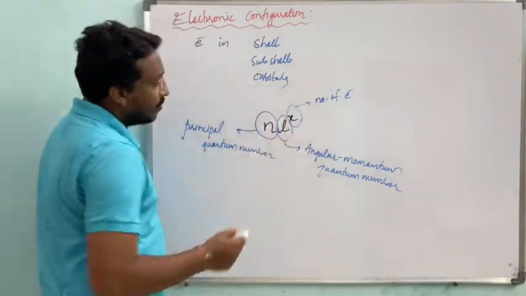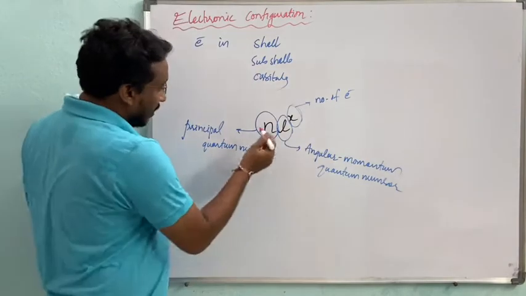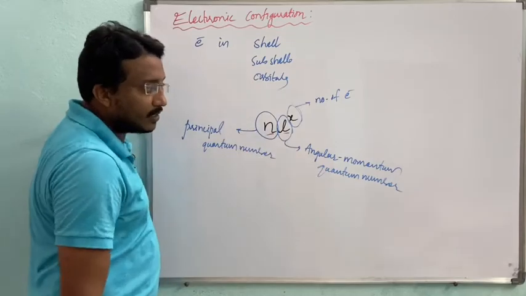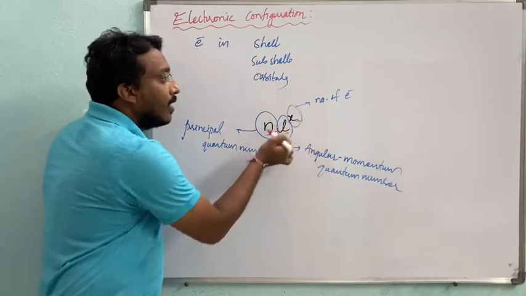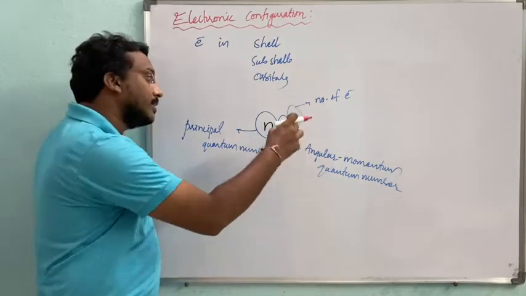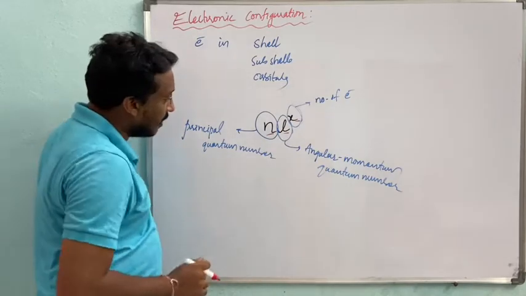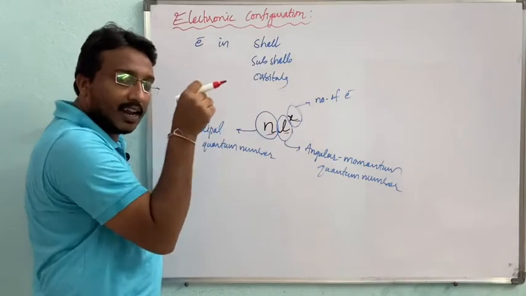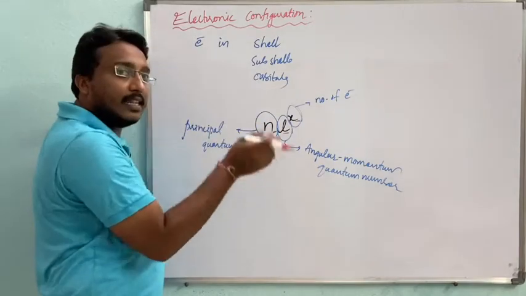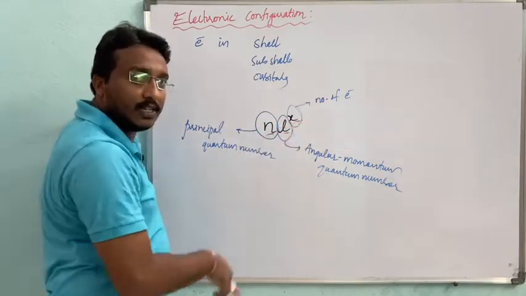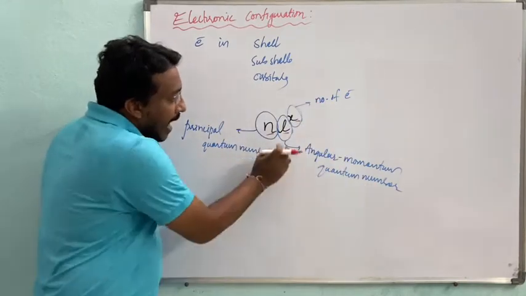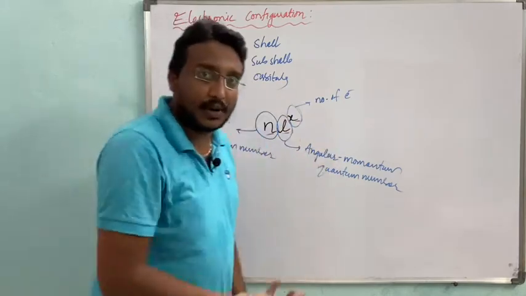Here the symbolic representation shows the principal quantum number, the angular momentum quantum number, and the number of electrons present in that shell. Principal quantum number means in which shell the electron is present, either first shell, second shell, third shell, fourth shell, or otherwise K shell, L shell, M shell or N shell. And l tells which orbital.